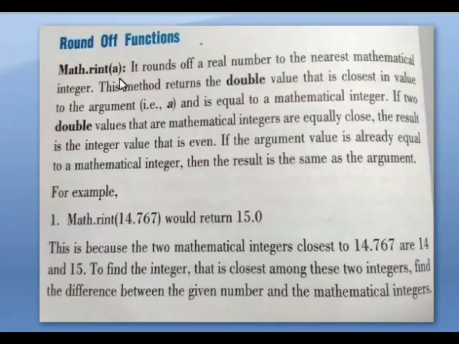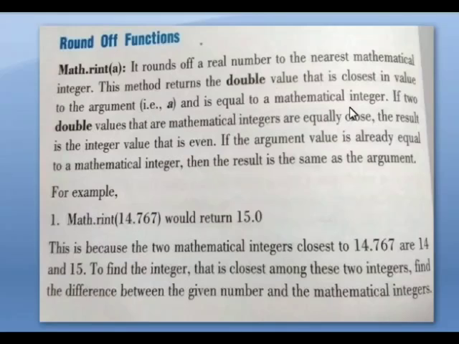So it rounds off a real number to the nearest mathematical integer. This method returns a double value that is closest in value to the argument. Argument means the value inside the bracket, and is equal to a mathematical integer.